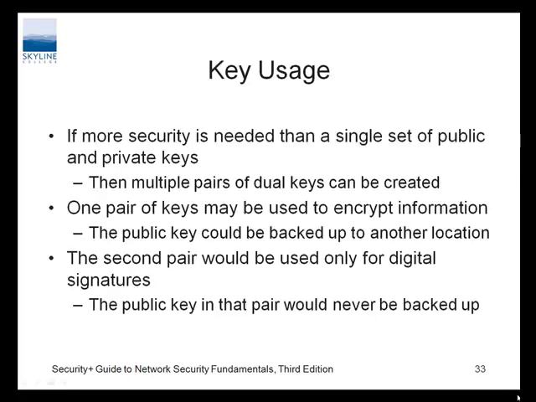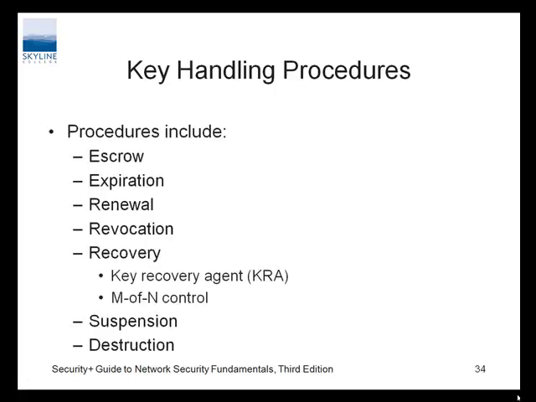One key is used for encrypting, and the second key is used for the digital signature, so that we're not using the same key for both. You can use the same key for both or use different ones. Procedures: escrow, which means somebody else holds the key for you, expiration, renewal, revocation, and recovery. Recovery is the key recovery agent, if you have one specified.